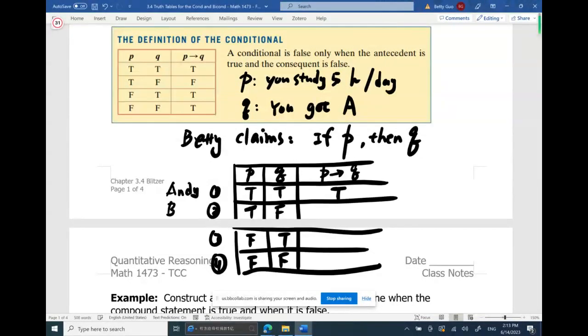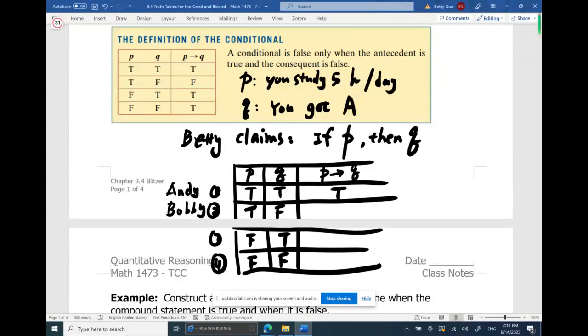So let's look at Bobby, the second case. In Bobby's case, he studied 5 hours every day, so P is true. However, he did not get an A. So what do you think? Would Bobby be happy with my claim? Because I said if you study 5 hours every day, then you should receive an A from the course, right?